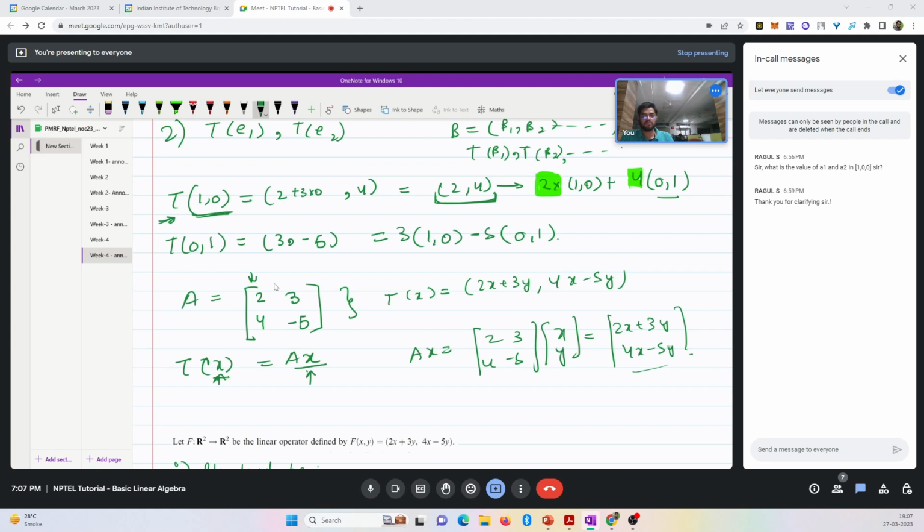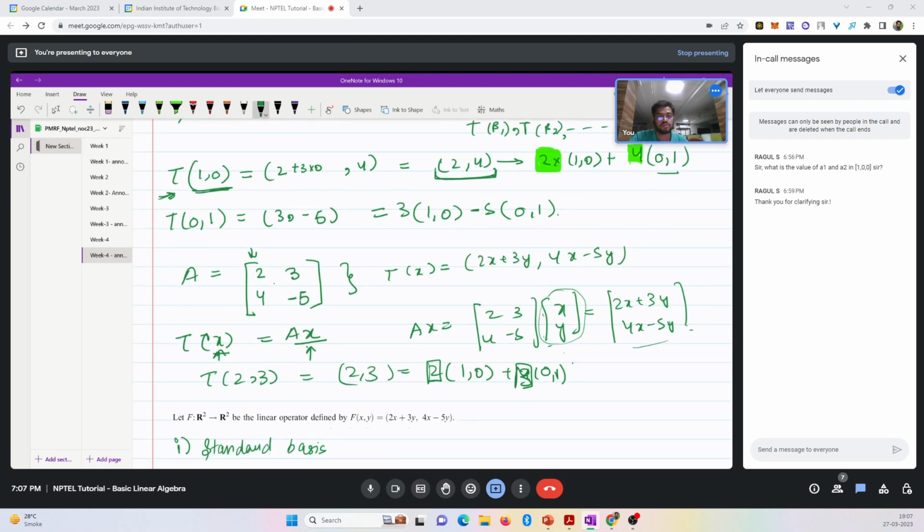So let's say if you want to find T of 2 comma 3, then because 2 comma 3 is equal to 2 times 1 comma 0 plus 3 times 0 comma 1, that's why we will multiply it by the vector 2 comma 3. If we had selected some other basis, which we'll see in the next example, then we would have multiplied it with some other vector over here.